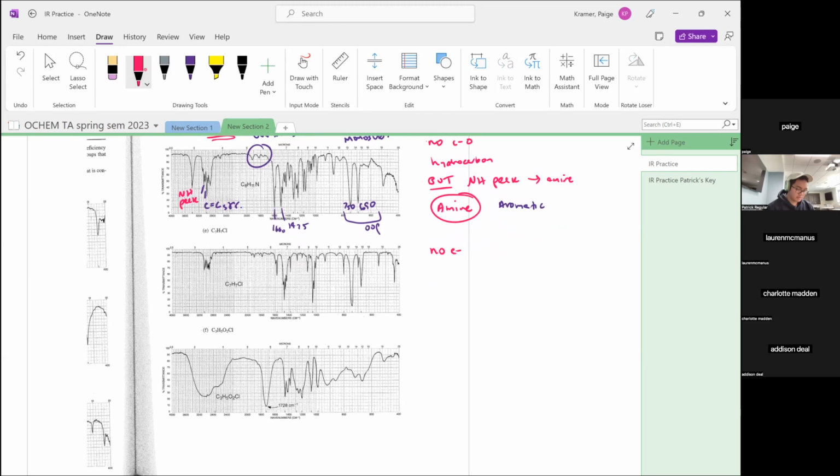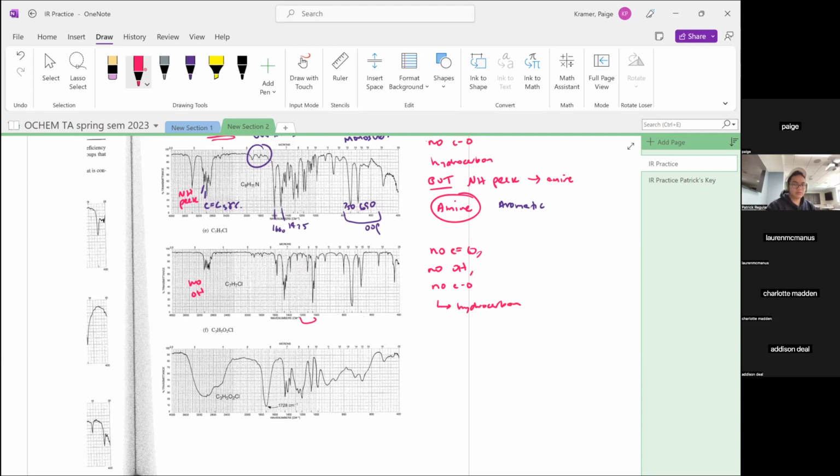Again, no C double bonded O, no OH, no CO in our region over here. So this would also be a hydrocarbon.